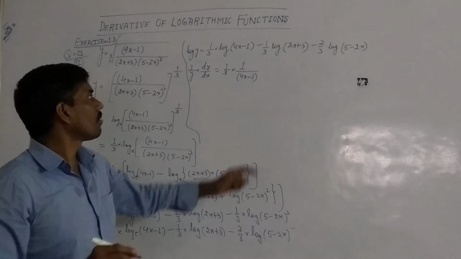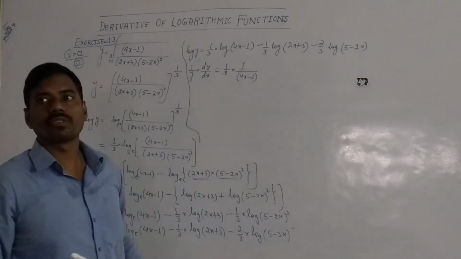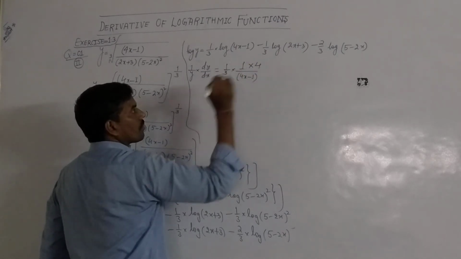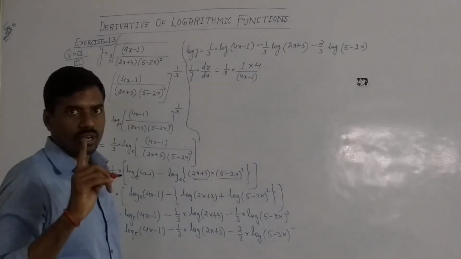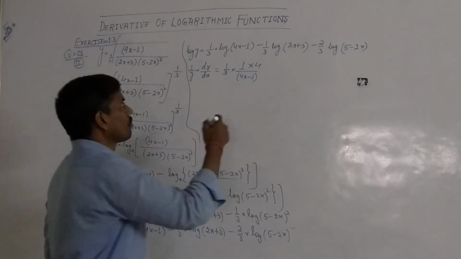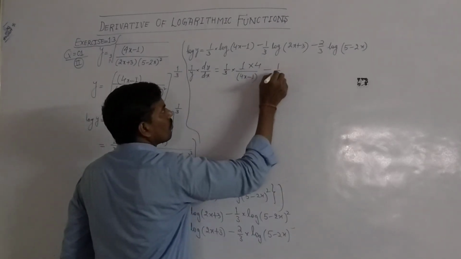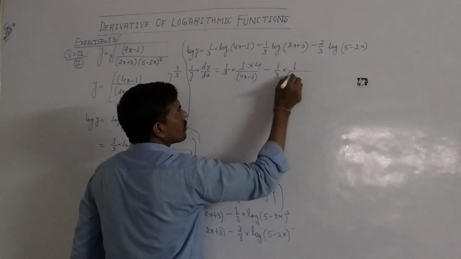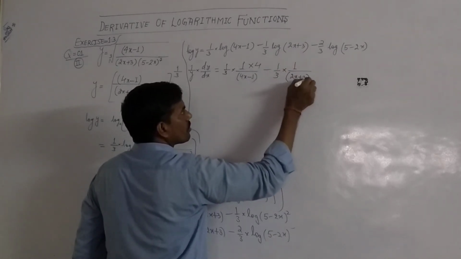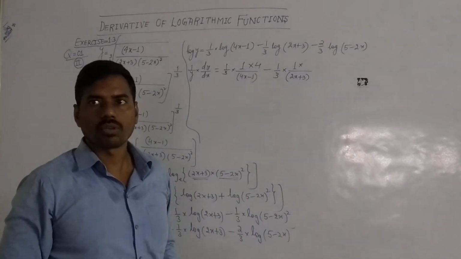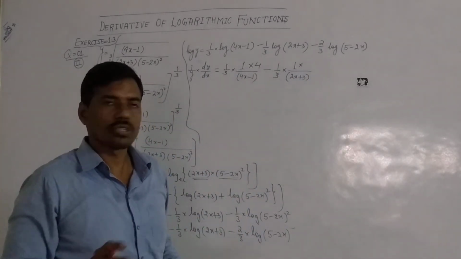Okay, and derivative of 4x minus 1 using chain rule. Derivative of 4x minus 1 is 4 minus 0. So 4 by 3. Minus 1 by 3, derivative of log x is 1 upon x, that is 2x plus 3, and derivative of 2x plus 3 is 2, x is 1, 3 is 0.